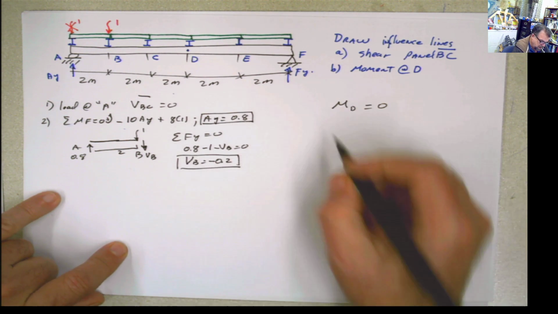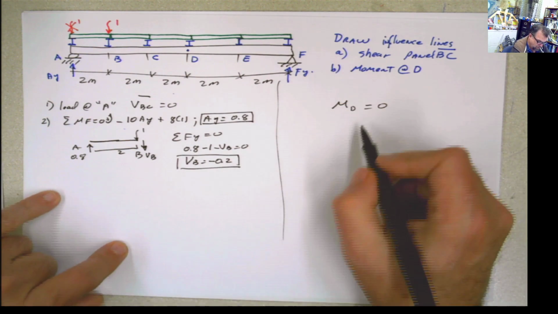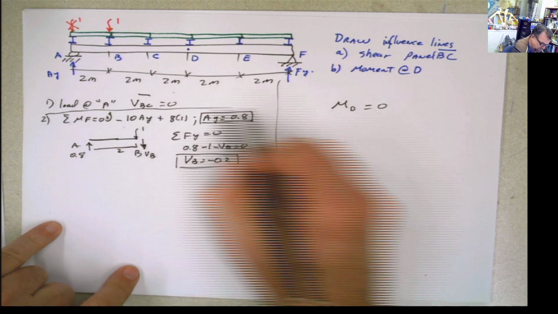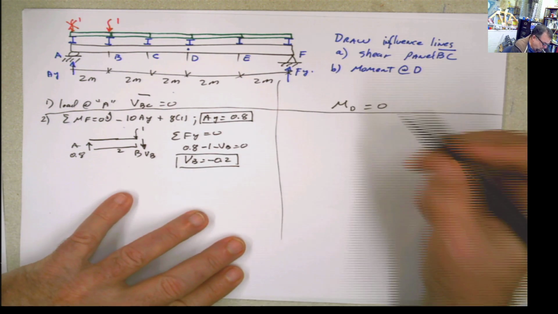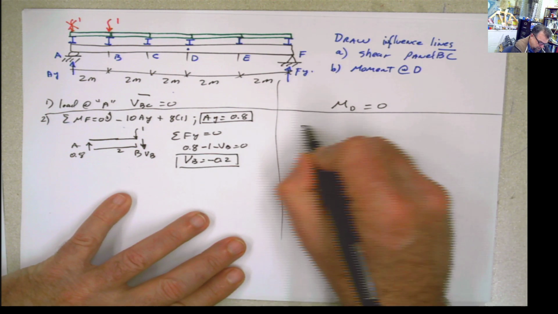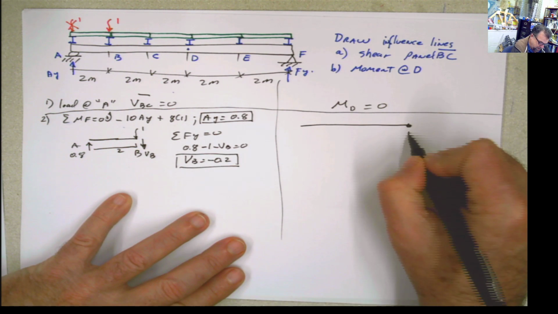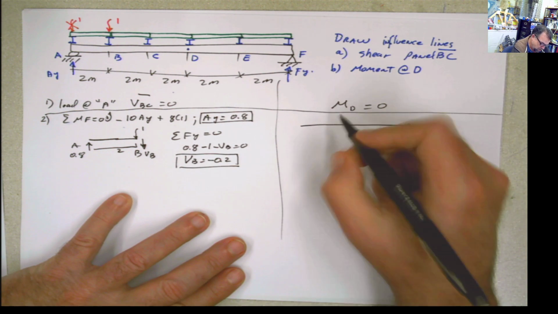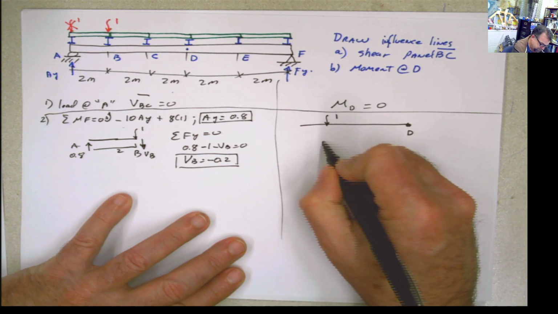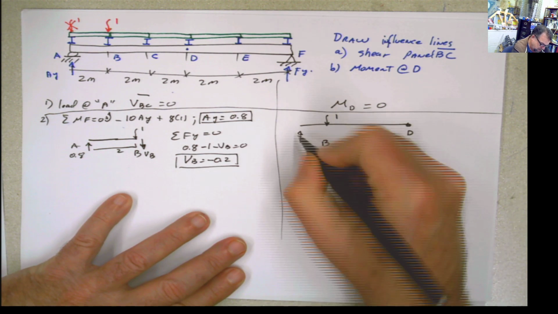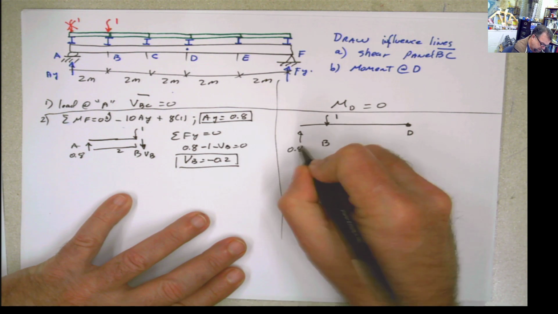Now, if we are working with the moment, forget about this part. We do exactly the same thing. This is going to be the point D, and the load is placed here at the point B. My reaction AY is 0.8.